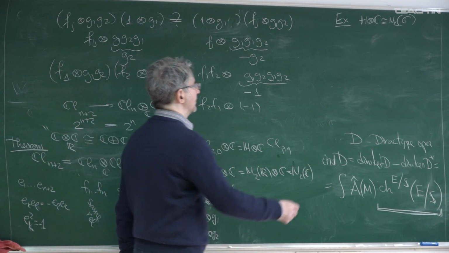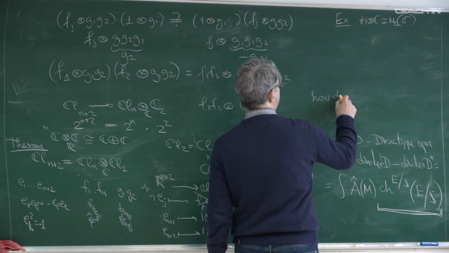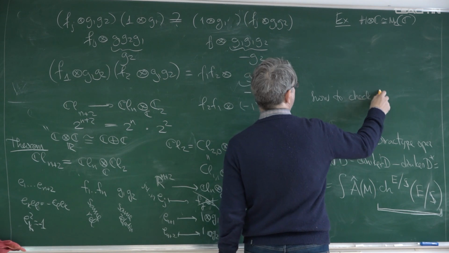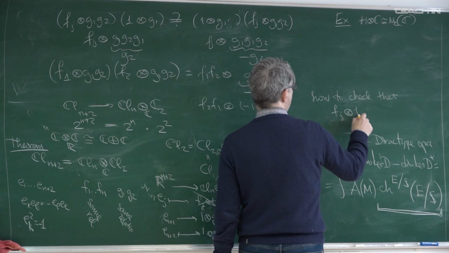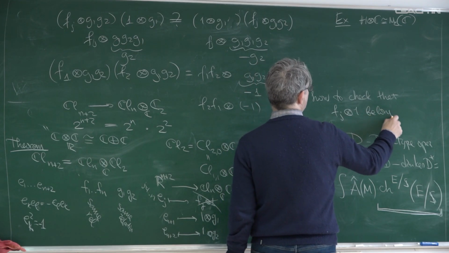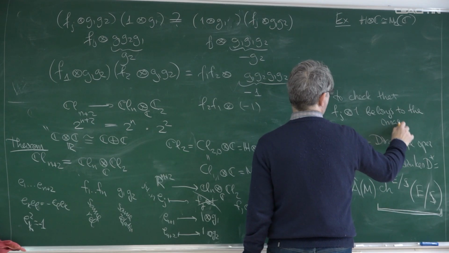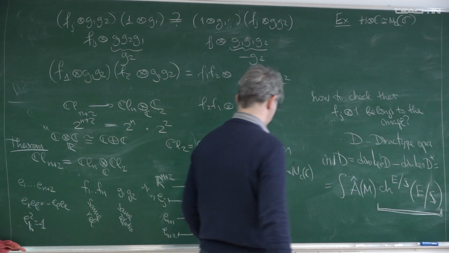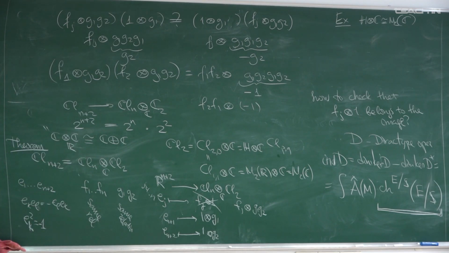How to check that Fj tensor 1 belongs to the image? Which element is sent to Fj tensor 1? Up to scalar multiple, it doesn't matter.